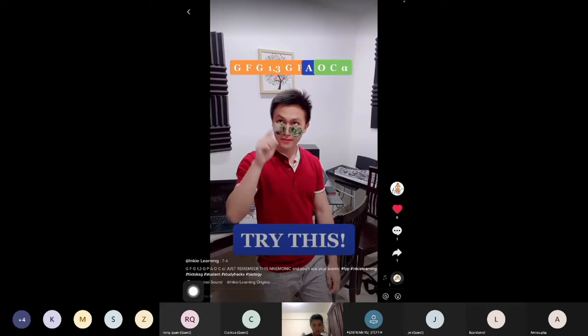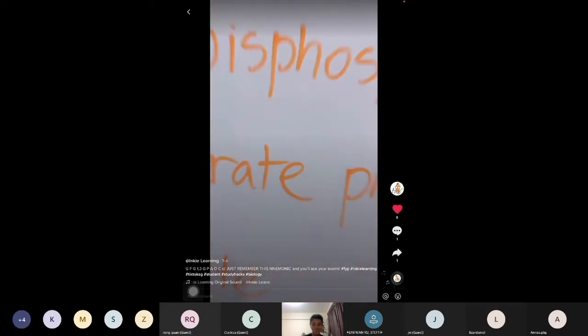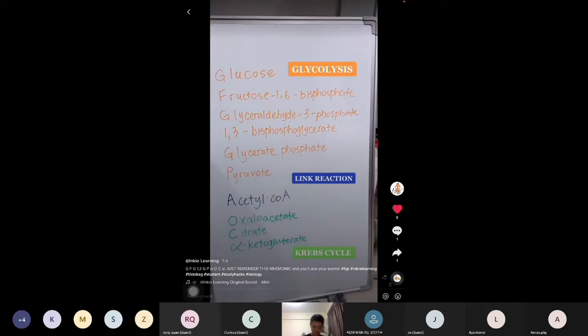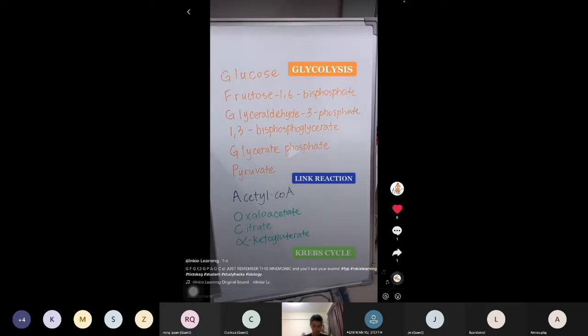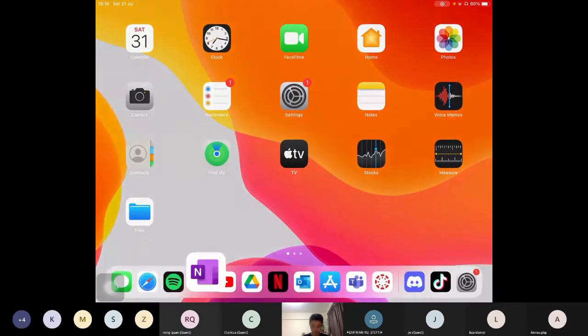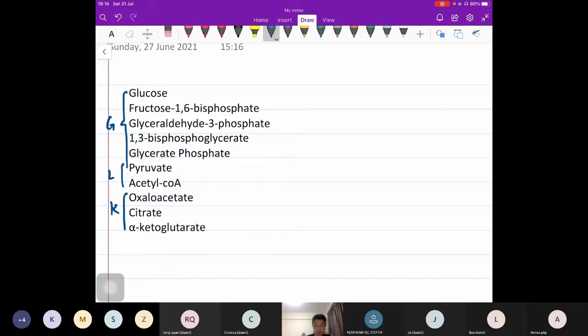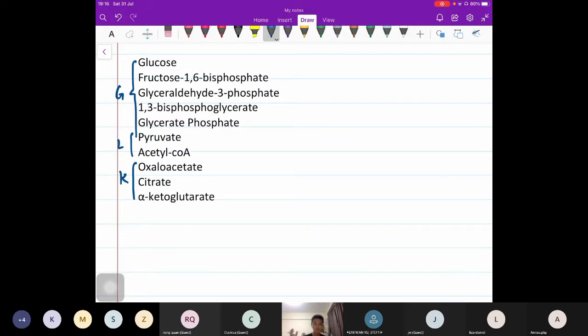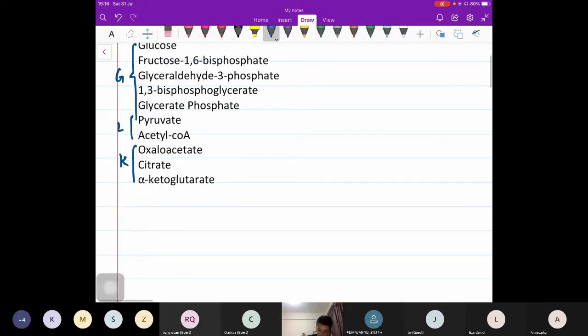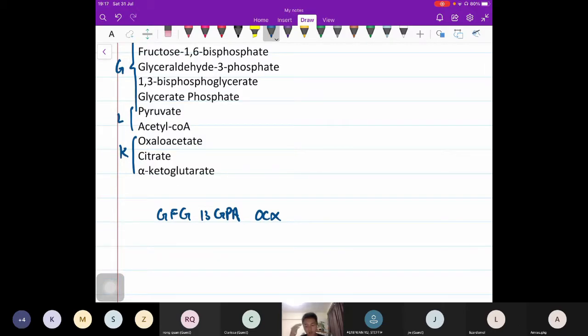Struggling with respiration? Try this. The way I remember the compounds in respiration is that my teacher taught me this. It sounds a little weird at the start, but after you say it a lot of times, it actually stays in your head. It's GFG 13 GPA OC alpha. The first time he told us, I was like, there's no way I'm going to remember all these things.